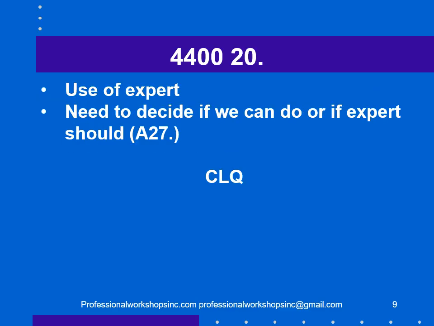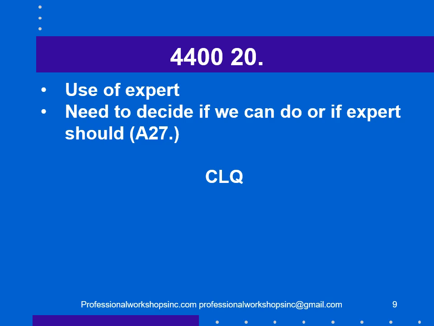Now paragraph 20 talks about use of an expert. And in the example, they suggest that we've had to use a translator as an expert, and you have to mention that in the report. And so if we're using an expert, we need to think about whether or not we can do this. This is something within our capabilities, or whether it's something that the expert should be doing.